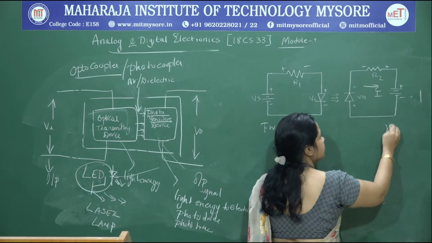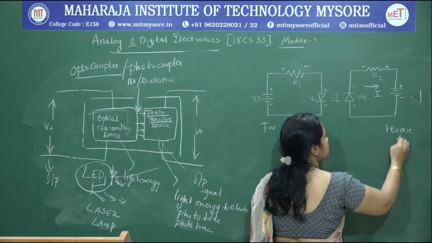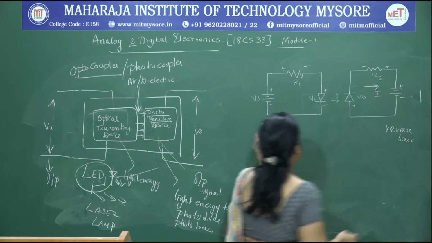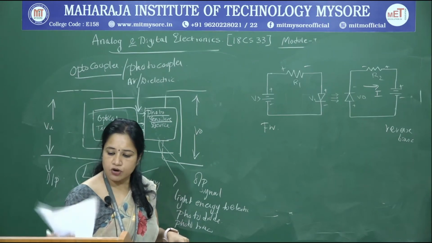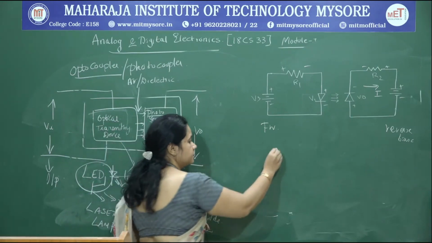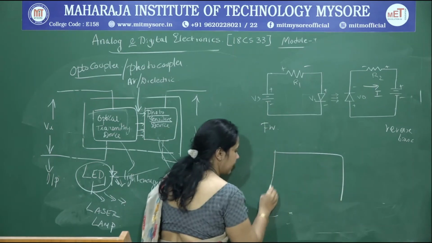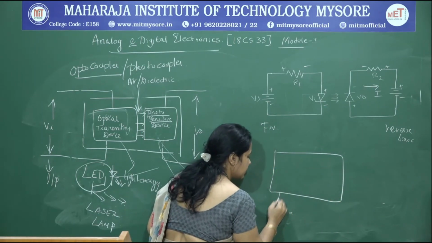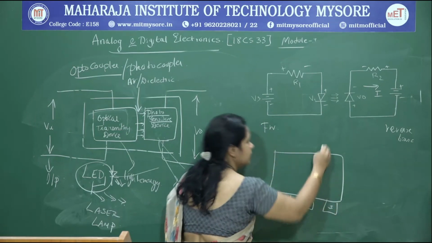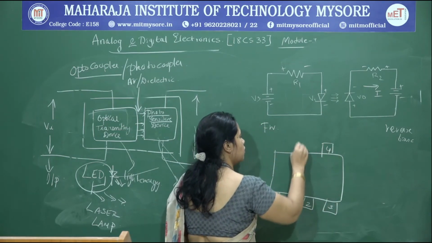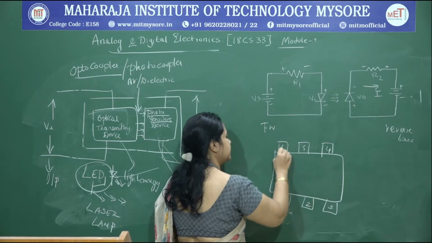So, this is essentially reverse biased, while this is forward biased. And if you can see it as a package, you could draw one more diagram, wherein I can write it as a complete package. So, we have pins 1, 2 and 3, 4, 5 and 6.